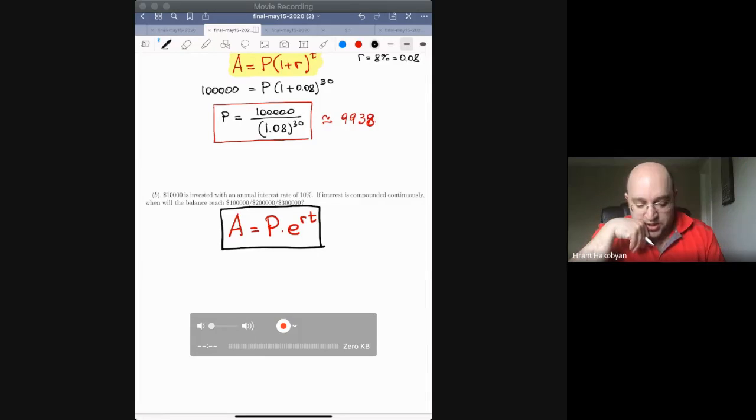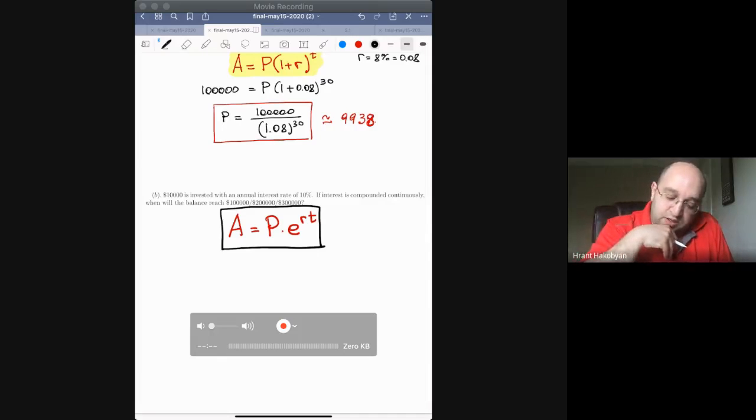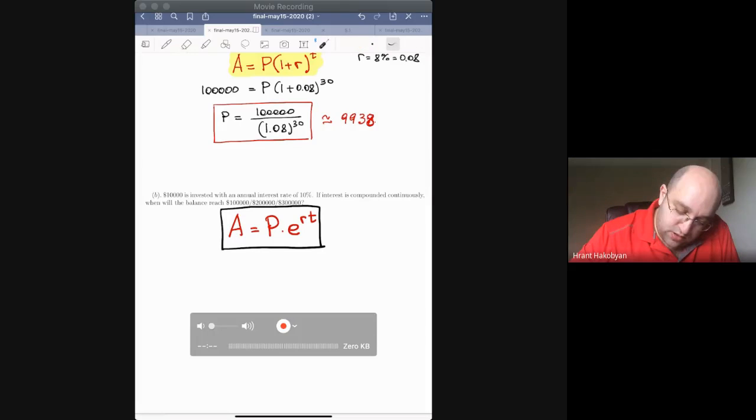So the question is the following. You invest $10,000 in an account which has an annual interest rate of 10%. If interest is compounded continuously, that means using this formula, when will the balance reach 100,000, 200,000, and 300,000?